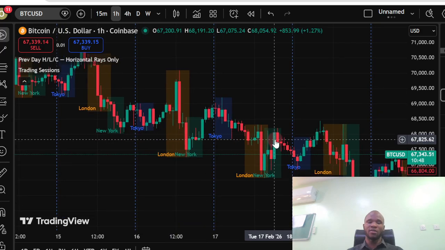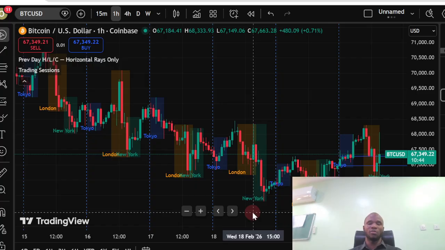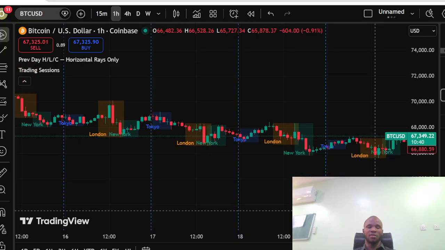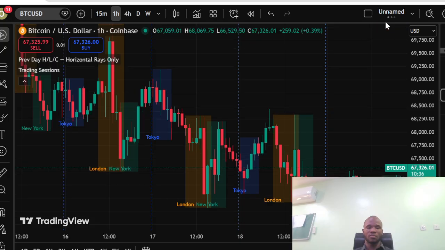Always follow the trend. So now I've come to the 1 hour time frame. Let's say I'm looking for a trading opportunity now to sell, right? How do I draw my trendline now? Based on this, I'll draw a line here.